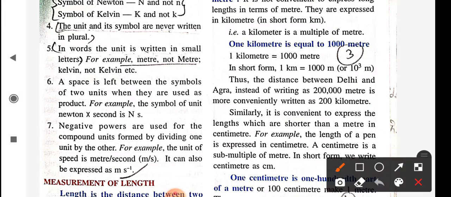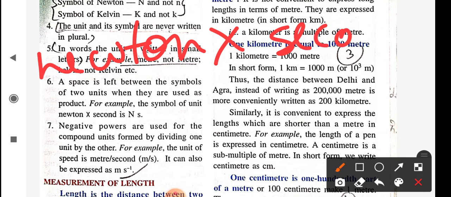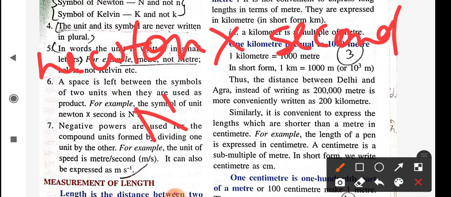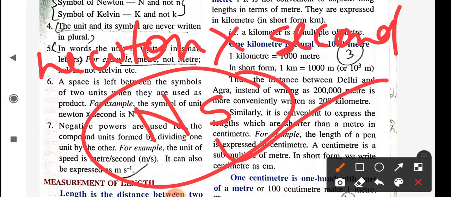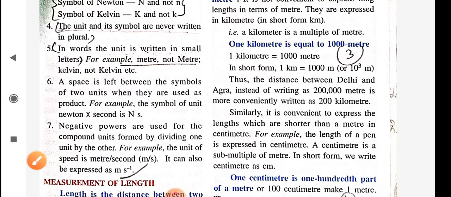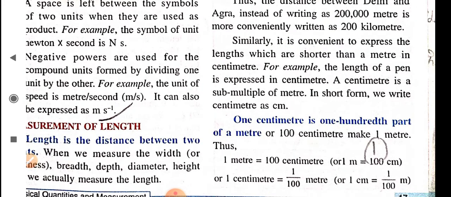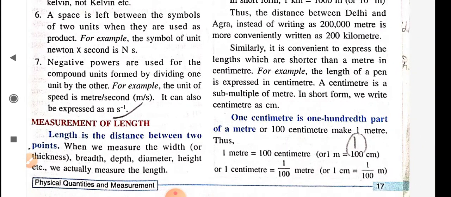For example, the unit written as Newton second: the symbol of Newton is capital N and the second is s, so we write capital N s. Clear? Now the seventh point: negative powers are used for compound units formed by dividing one unit by the other.